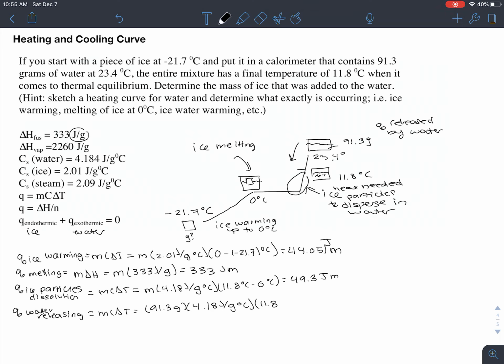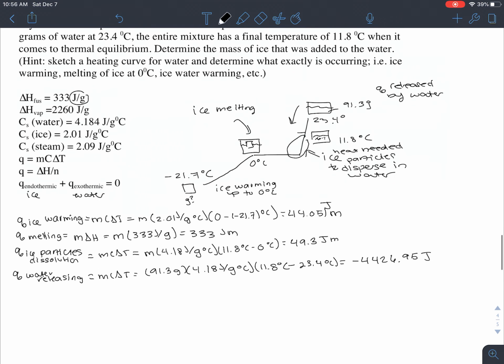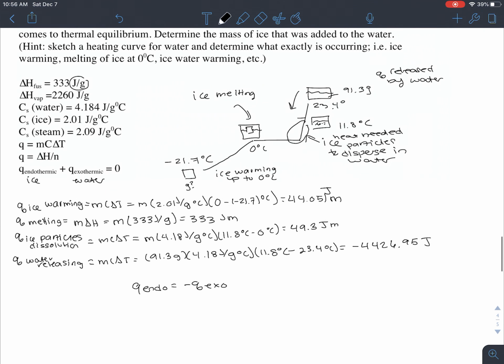Now 11.8 is your final, 11.8 degrees Celsius minus 23.4 degrees Celsius. That gives you negative 4,426.95 joules.